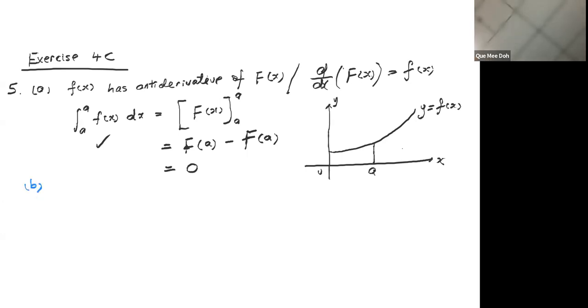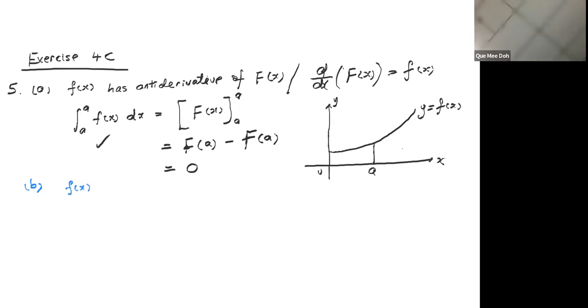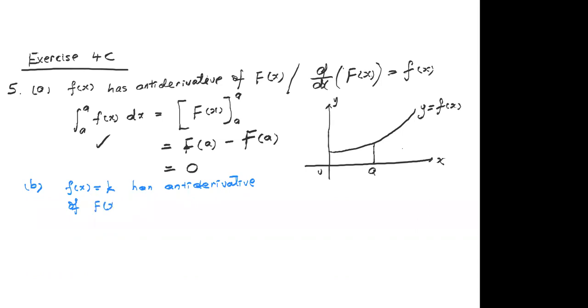the f(x) is a constant k, has antiderivative of what? Tell me, antiderivative of what? What should my F(x) be? Half k squared?